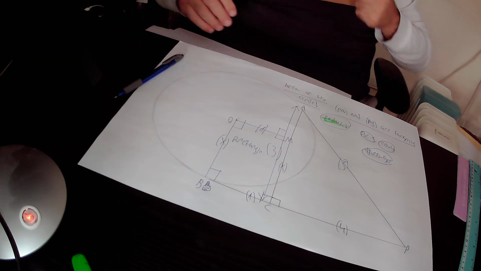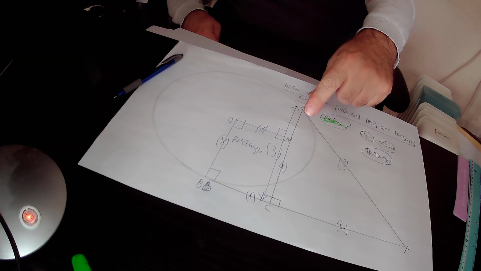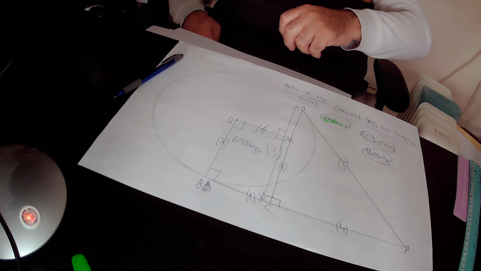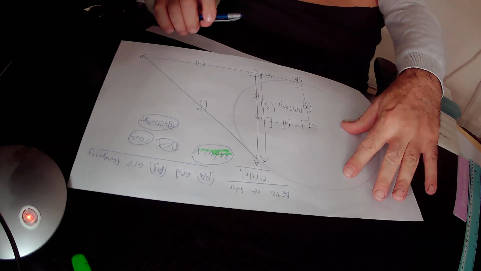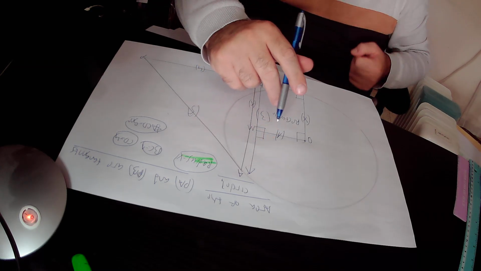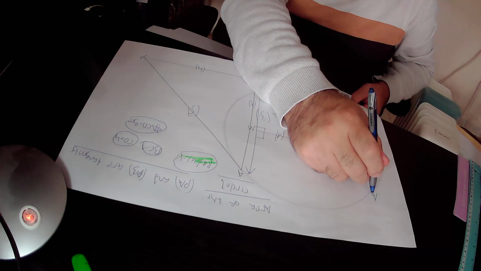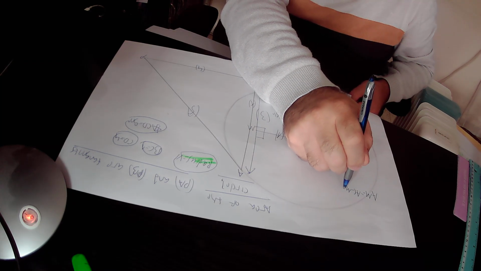So what is left of this missing line AM? AM equals AC minus MC. So write it down: the length of side AM in total is equal to AC minus MC.